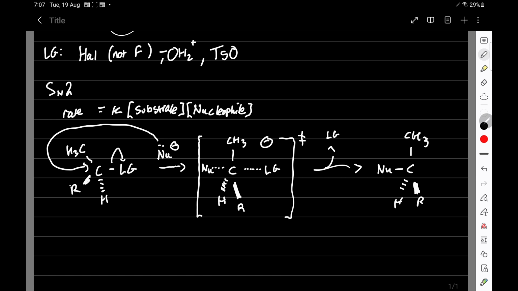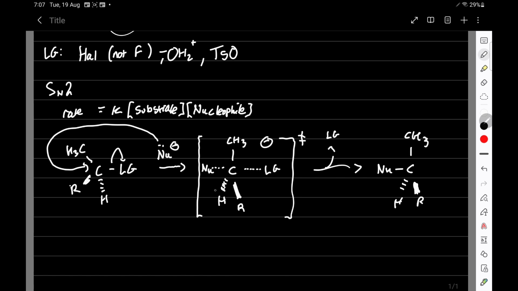What then happens to the other three groups is that they end up being pushed to the other side than where they started. Similar to how an umbrella, when it's opened and then inverts, if it's very windy, for example, the umbrella may go inside out. It's the same kind of phenomenon.